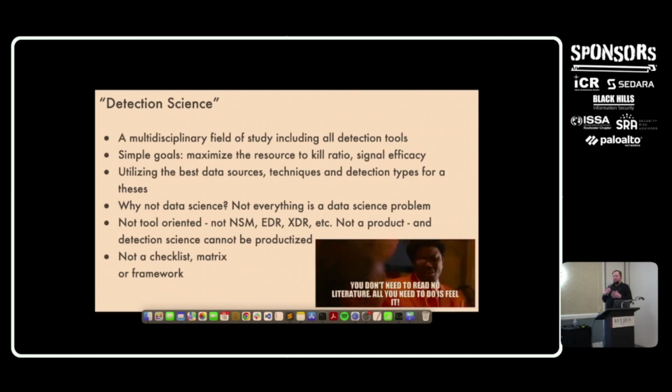It's not exactly data science, because in security detection, not everything is a data science problem, and not everything can be solved by data science. Some of it can be solved by technologies and tools that we already have.